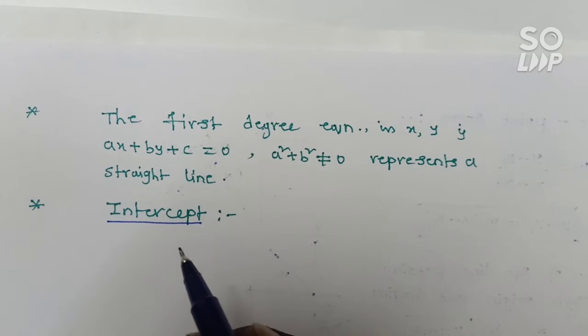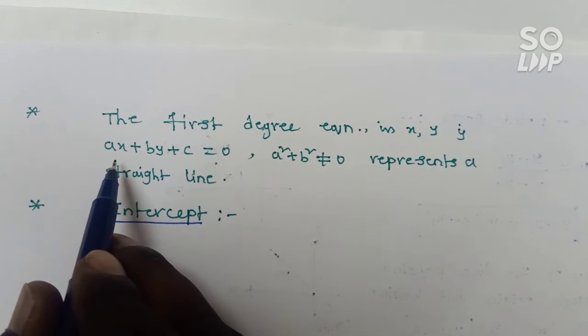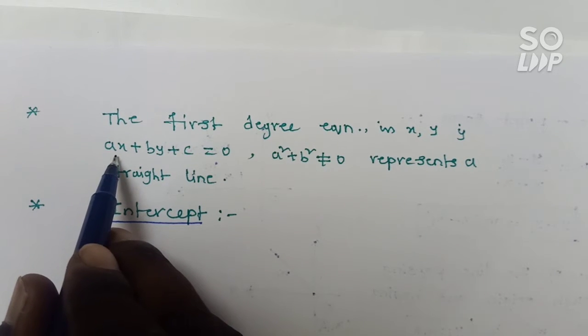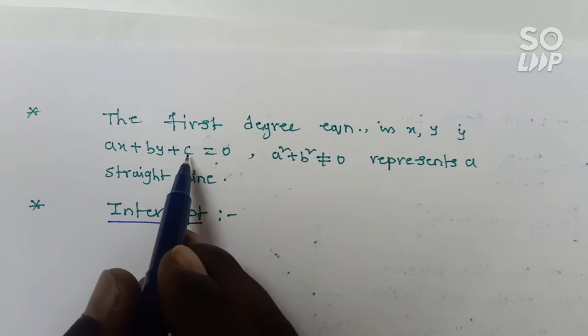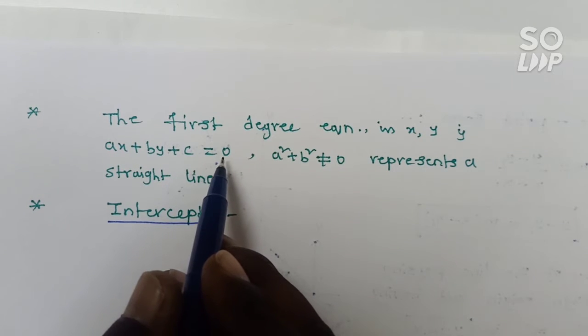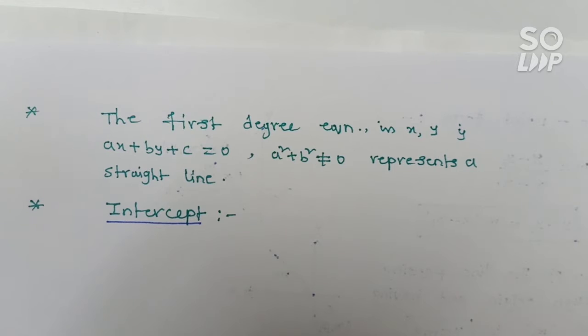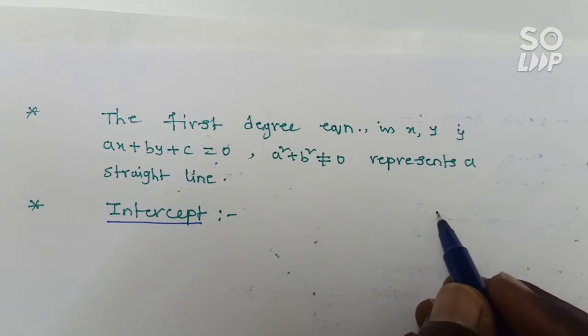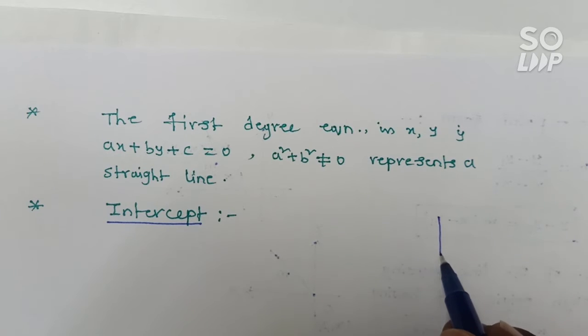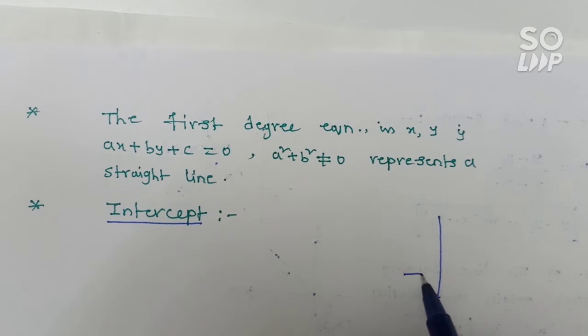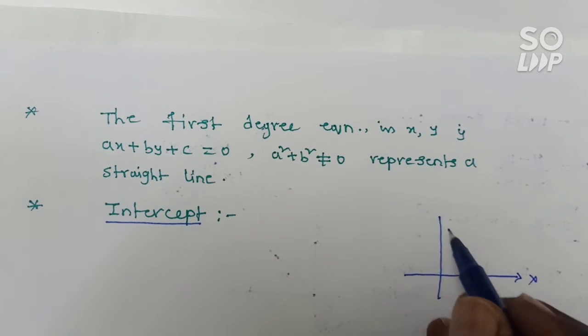See this one. Already I told you ax plus by plus c equals 0 represents a straight line. So what is meant by intercept? Suppose you take the x-axis and y-axis.